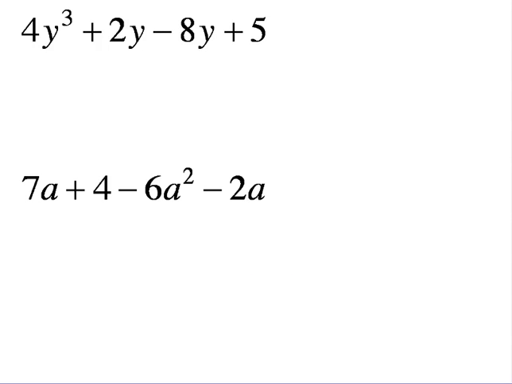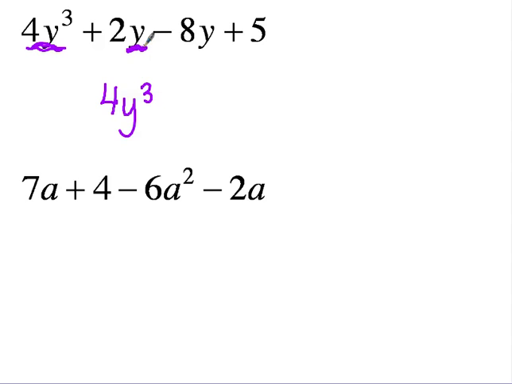So let's go ahead and look at this one. 4y cubed plus 2y minus 8y plus 5. We're looking for like terms. So we're going to start with the y cubed. Okay. Is there another y cubed somewhere in the problem? No, so I'd leave that alone. Okay? Next term, there is a 2y. There is a y.